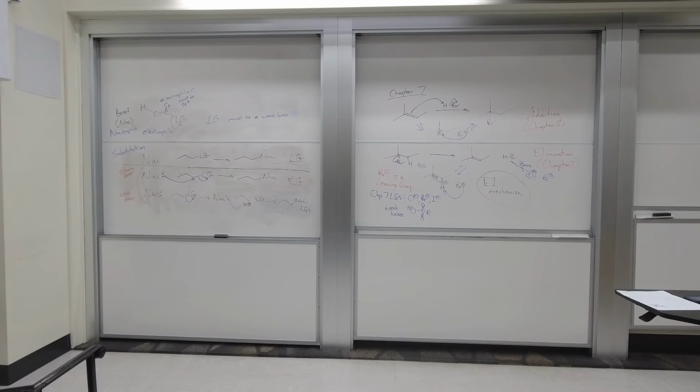SN1, SN2, E1, E2 are all pretty simple reactions to figure out. I'm not saying you have it right now. They're not so simple that I can just draw them on the board and you have it.